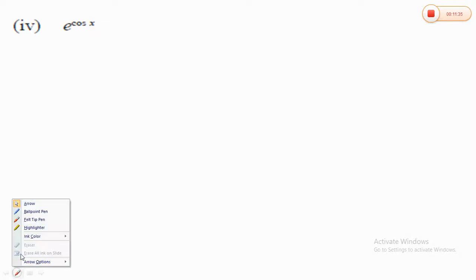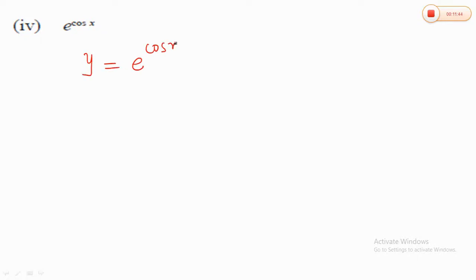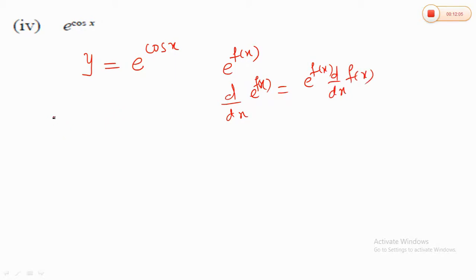E raised to cos x. Y equal to e raised to cos x, of this form, e raised to f(x). So dy by dx of e raised to f(x) equals e raised to f(x) into dy by dx of f(x). Again the same formula. Differentiate with respect to x. dy by dx equals dy by dx of e raised to cos x.